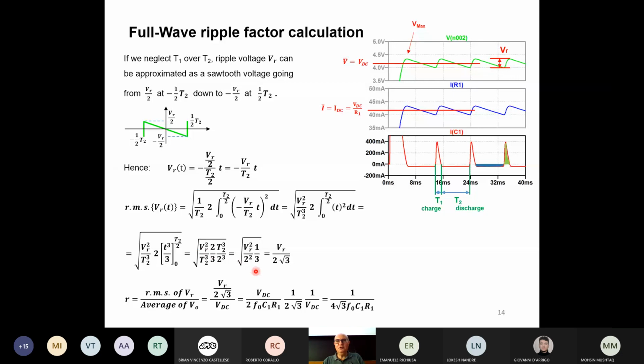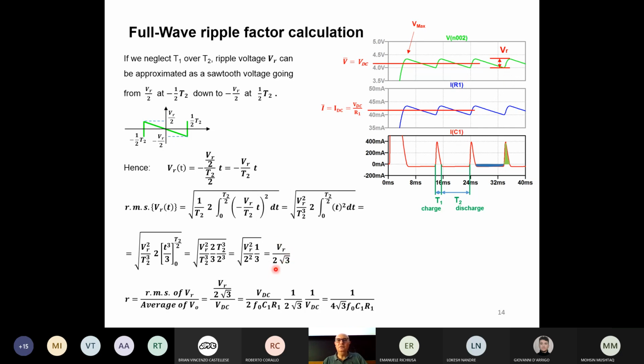The calculation should be right, okay? So you can simplify everything, and you will end up with 2 going out to the second power, VR goes out, but we have only the square root of 3. So basically that's the root mean square value of this ripple.